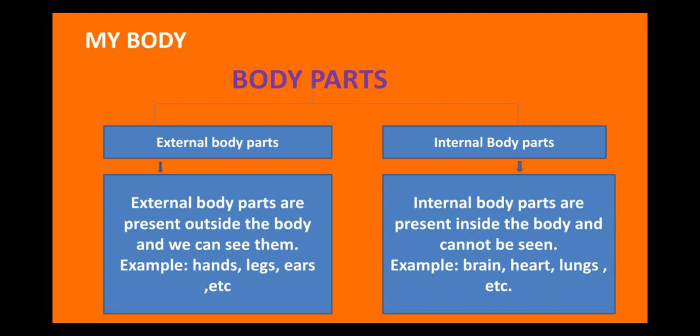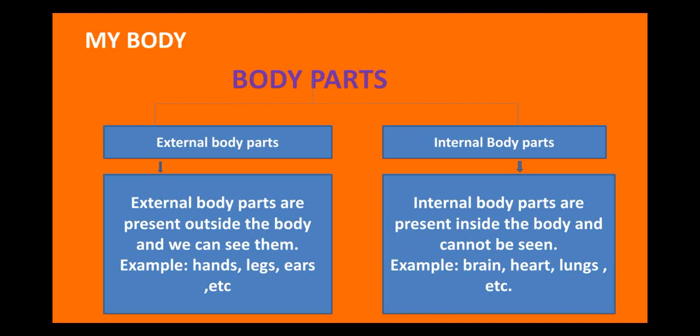For example, your hand, your legs, they are present outside your body, so you can easily see them. You can feel them and you can also touch them, isn't it? So the external body parts can be seen by us. For example, just raise your hand. Just try to lift your feet.